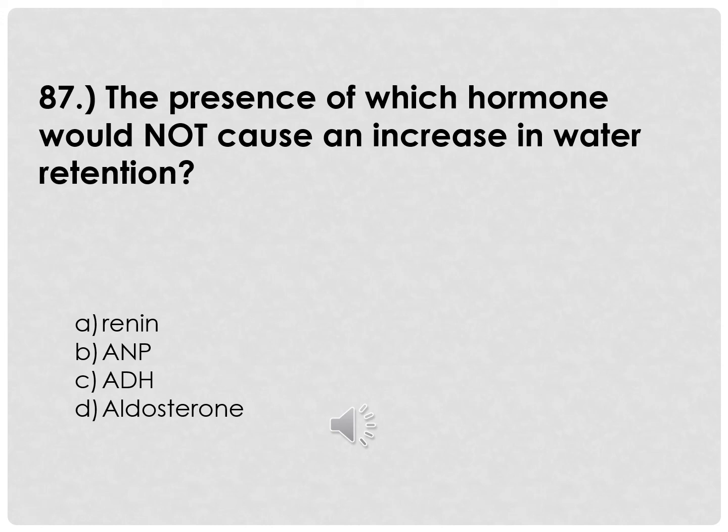The only hormone that doesn't increase blood pressure in our body and actually decreases it is B, ANP, which stands for atrial natriuretic peptide. Otherwise, all these other hormones, renin, angiotensin, ADH, which is antidiuretic hormone, and aldosterone, they all increase water retention and therefore also increase blood pressure.